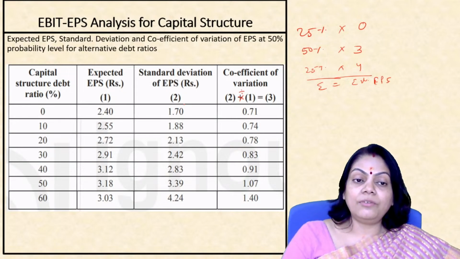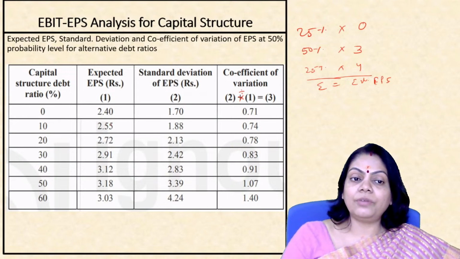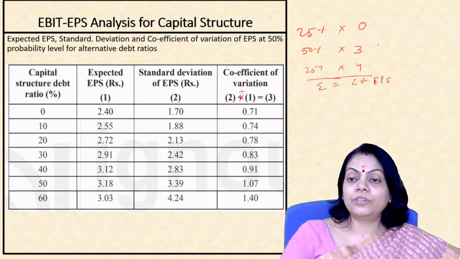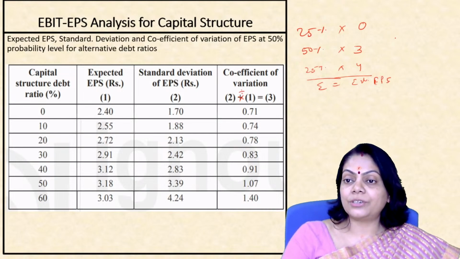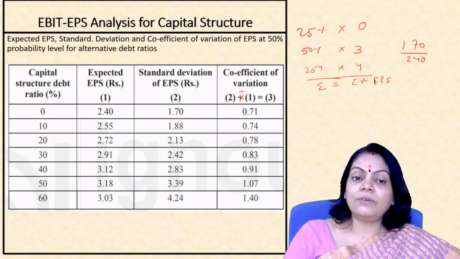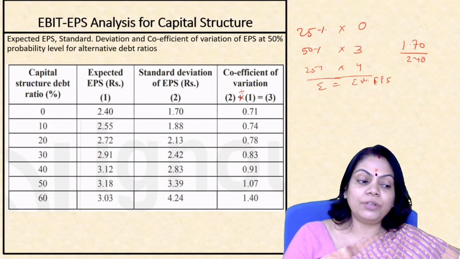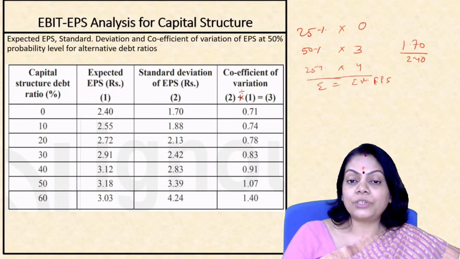It is the standard deviation divided by the expected EPS. So for the coefficient of variation, the first case is 1.70 divided by 2.40, so you get a value of 0.71. Likewise, column 2 has been divided by column 1 and we have got this coefficient of variation.